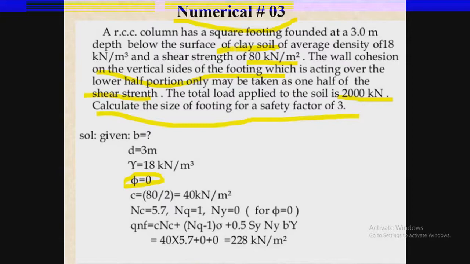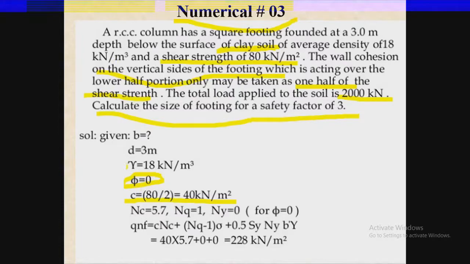It is also mentioned that the cohesion is equal to 1/2 of the shear strength of the soil. Shear strength of the soil over here is mentioned as 80 kilonewton per meter square. So 80 divided by 2 is basically the cohesion of the soil.